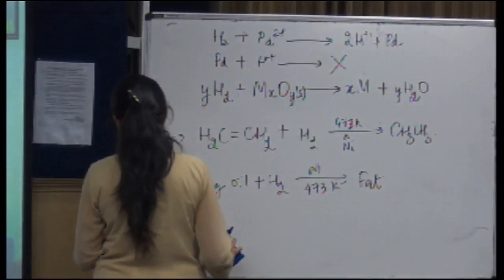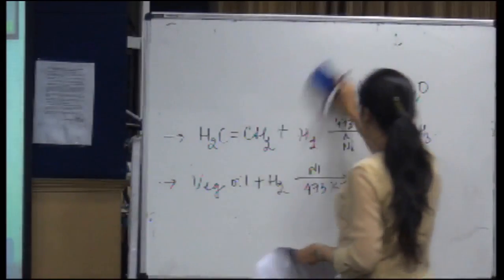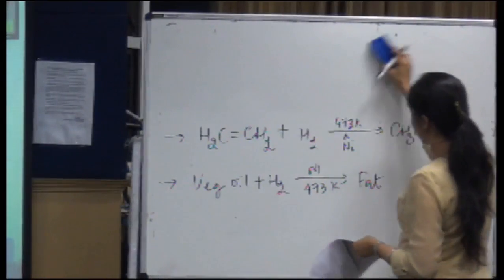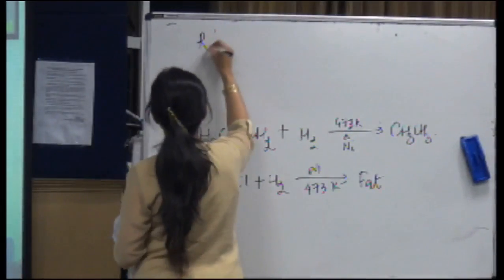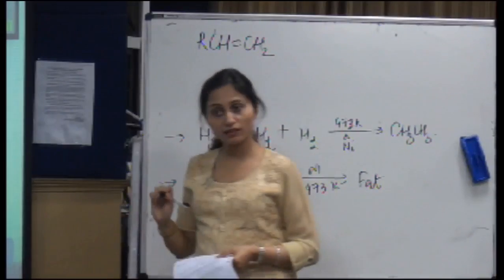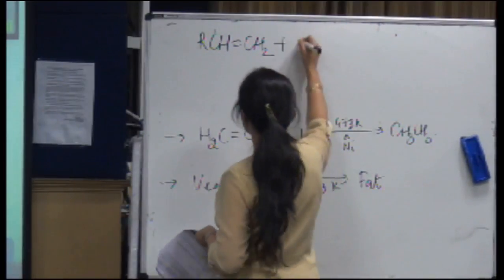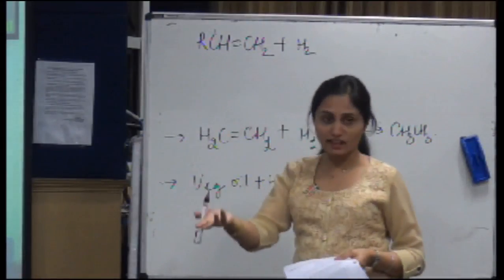Then you have another important reaction that you will be doing for the preparation of aldehydes, from here only I'll pick it up. Say supposedly I take an alkene, ठीक है? Alkene में मैं H2 डालूंगी तो हमें पता है we'll get simply alkane, ठीक है?